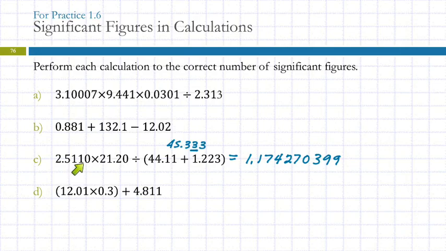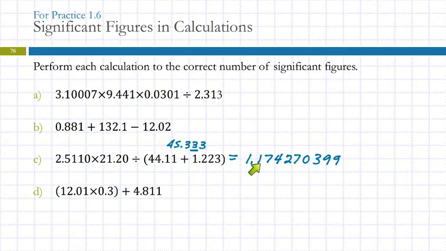No, sorry, 5. I can't count today. How about 21.20? 4. And this number, 4. That 3 is the last significant figure. Don't count the last 3. So 4 is the smallest number of significant figures, so that's what I'm going to round my answer to.